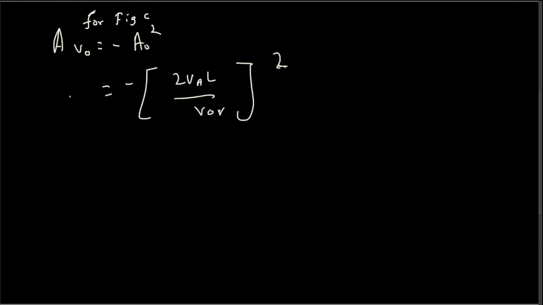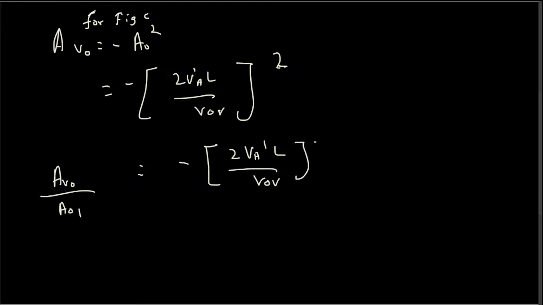And if you compare the gain of this one and the first one, AV naught over A naught 1 for the first one: AV naught is this one which we found out right here, that's negative 2 VA prime L over V overdrive whole squared.